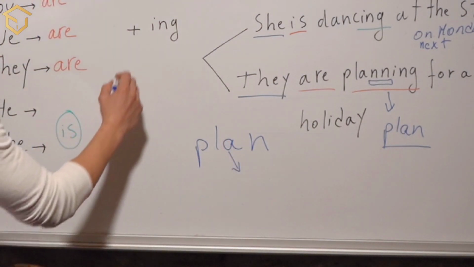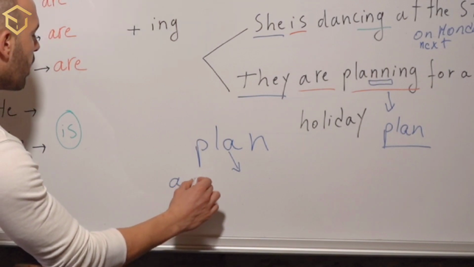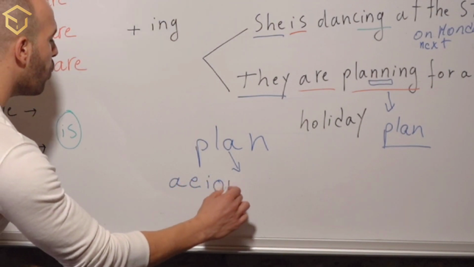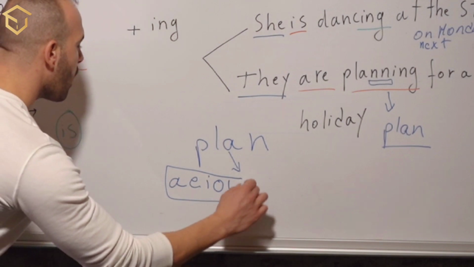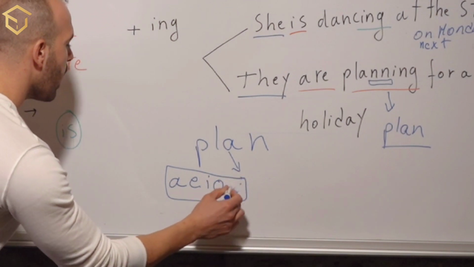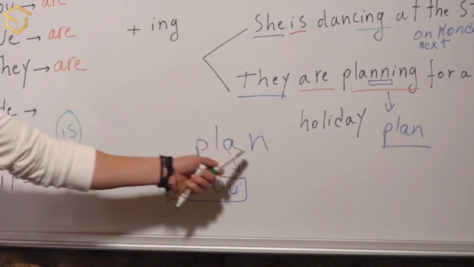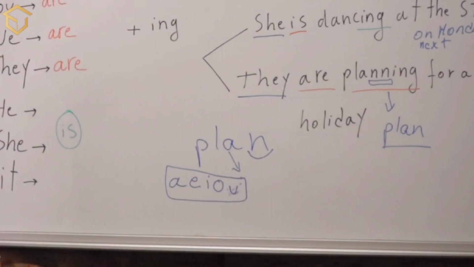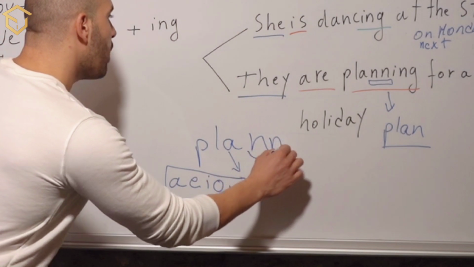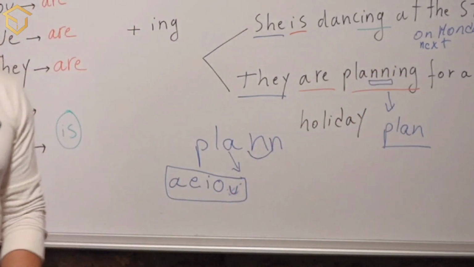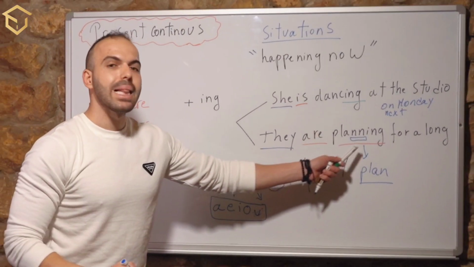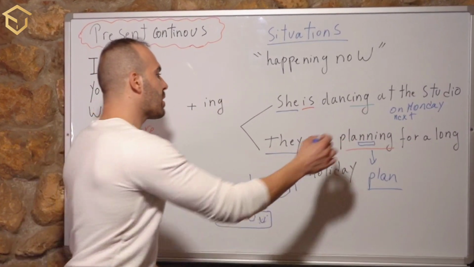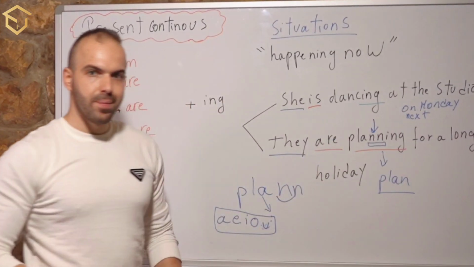The vowels are A, E, I, O, U. These are the vowels. Okay? So in this specific verb, we have a vowel before the last letter. So that's why we double this one when we use it in the present continuous form. So that's why we have planning. So we have a stress on the N.